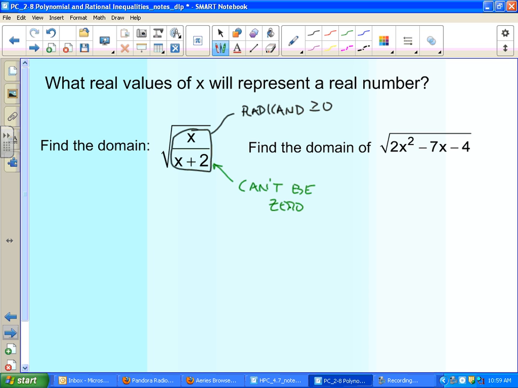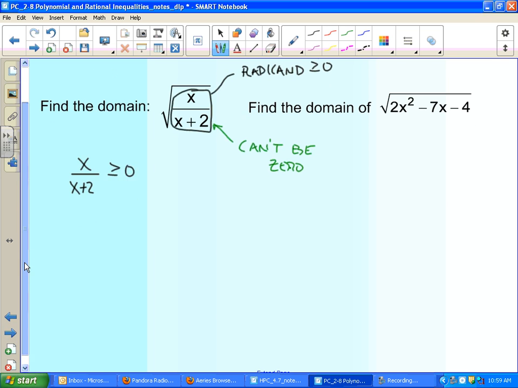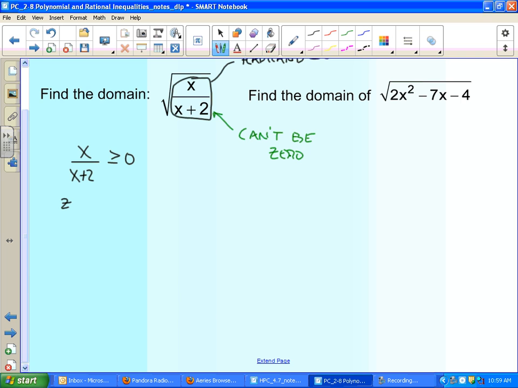So what we do is we set up the domain. We have x over x plus 2 must be greater than or equal to 0. And then here we set up our zeros and our vertical asymptotes, and our sign chart. And x can't be negative 2, so make sure you get that one squared away.